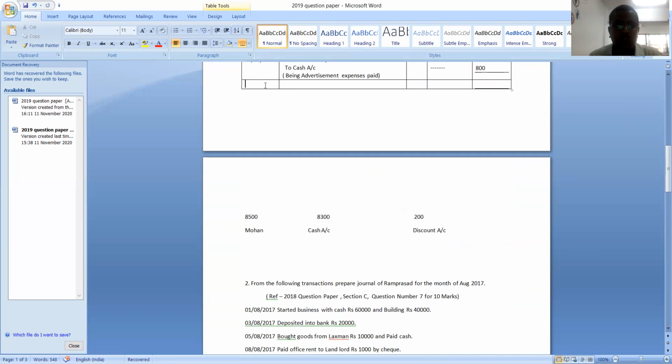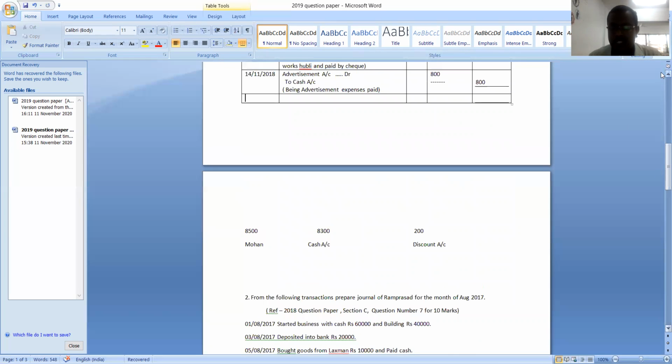What is the date of the transaction? I think the date of the transaction is 18/11/2018. See here, always the cash account and discount account will appear on one side. Either both the accounts should be debited or both the accounts should be credited.